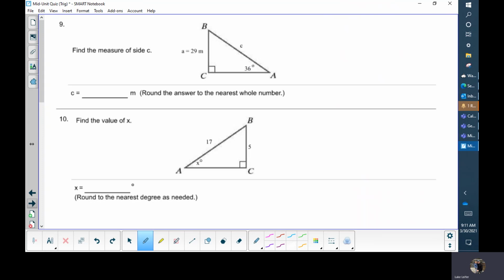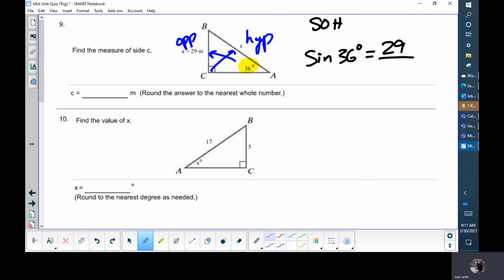All right, 2 to go. Reference angle. Opposite. Hypotenuse. I know it is the SO again. So I get the sine of 36 degrees equals 29 over C. Turn it into a fraction.